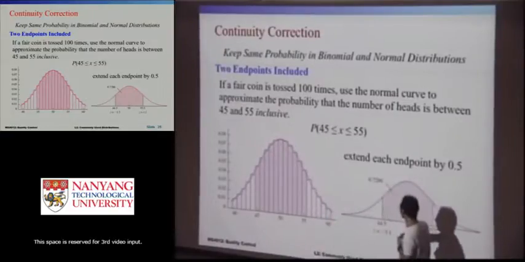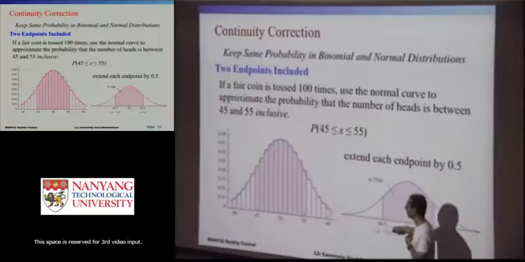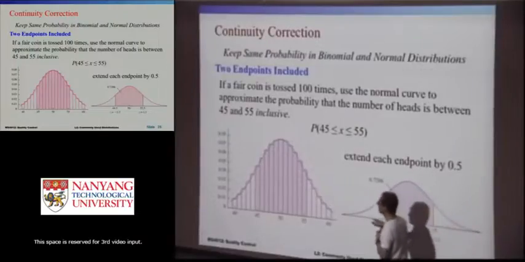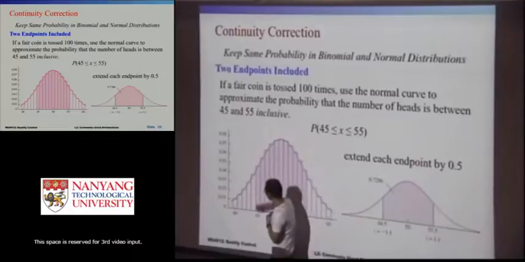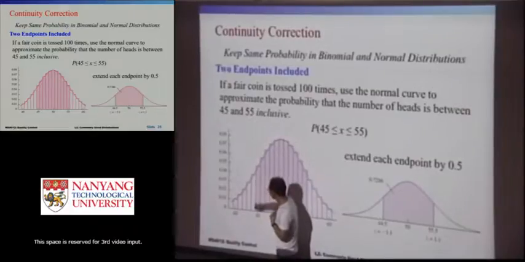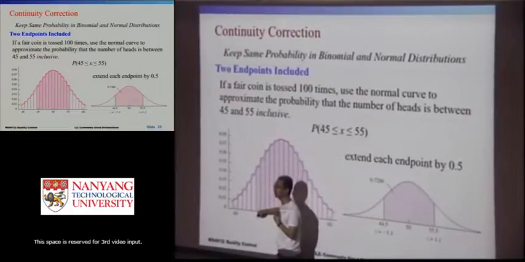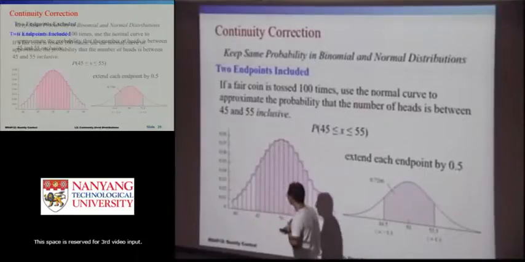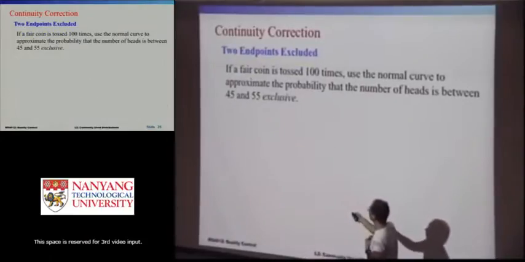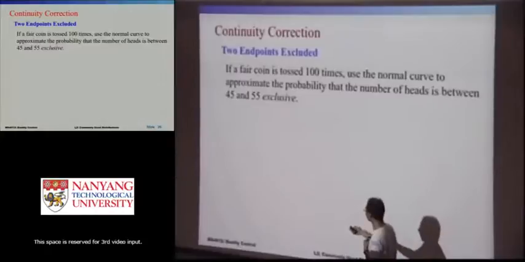So in the normal distribution, we start at 44.5 and end at 55.5. The reason is we include 45, and we want to include the whole bar, not just half a bar. In the next case, 45 and 55 are exclusive.